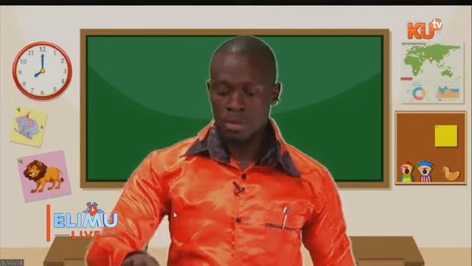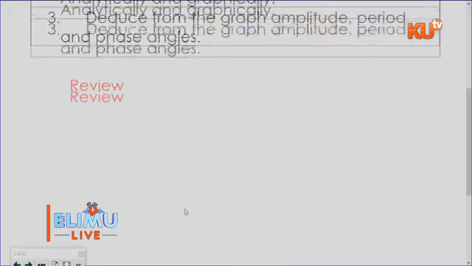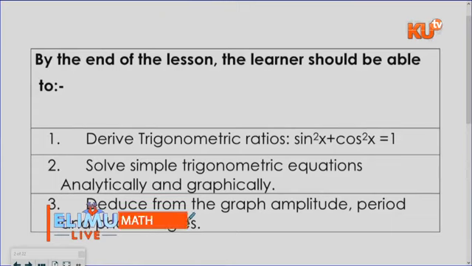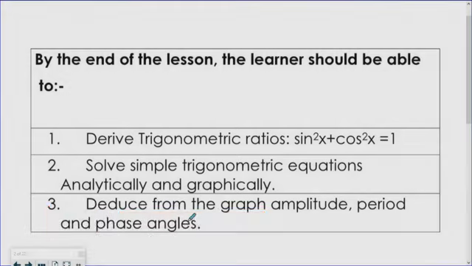By the end of this lesson, the learner should be able to do the following. These are the objectives of this lesson. One, derive the trigonometric ratio, which is sine squared x plus cos squared x equal to 1.